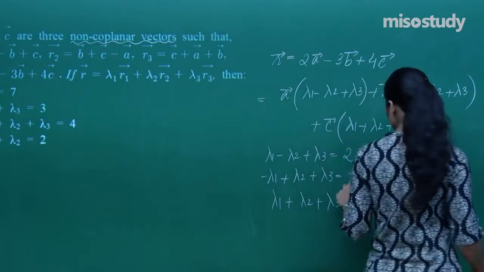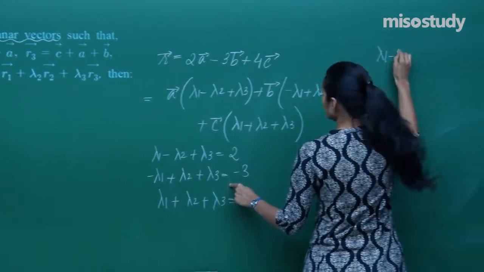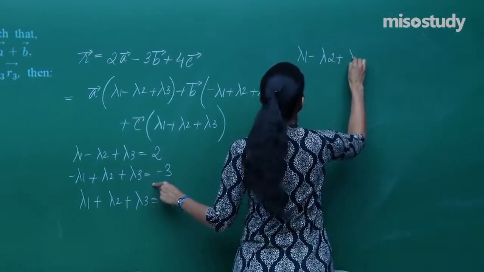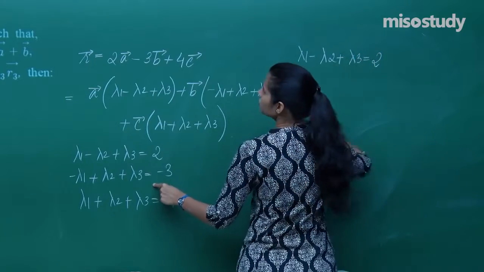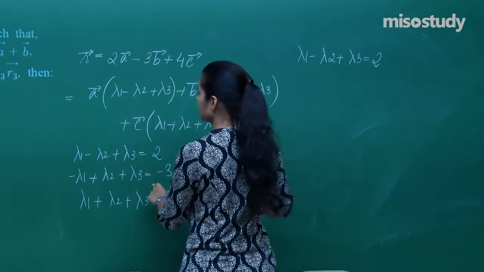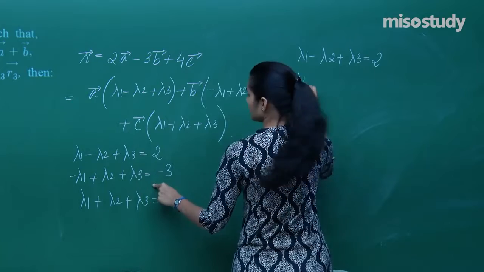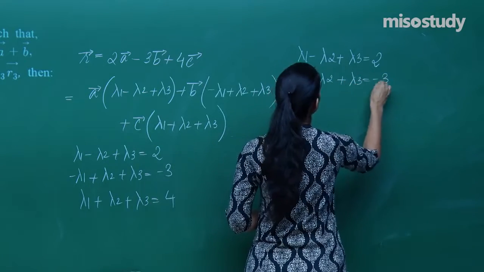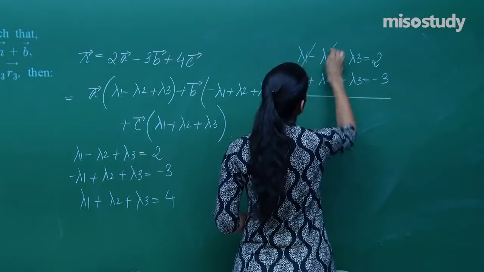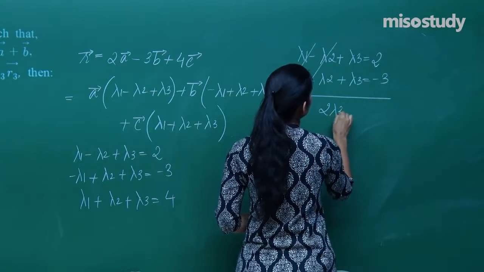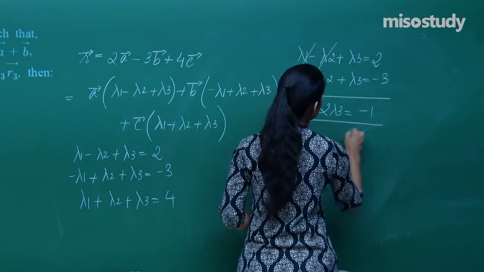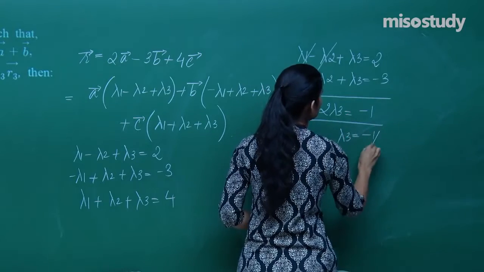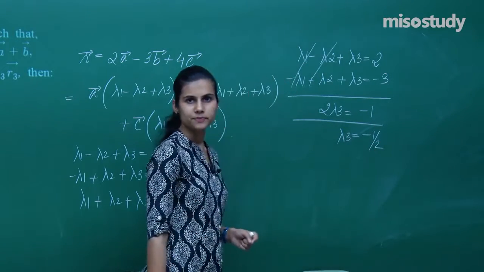When I talk about the first two equations, lambda 1 minus lambda 2 plus lambda 3 is 2, so that's what you have. And then you have minus lambda 1 plus lambda 2 plus lambda 3 is minus 3. When you add, you basically get twice lambda 3 equals minus 1. Lambda 3 is minus 1 by 2.